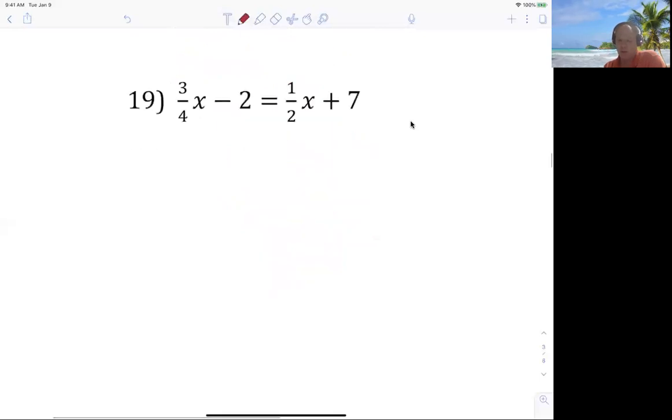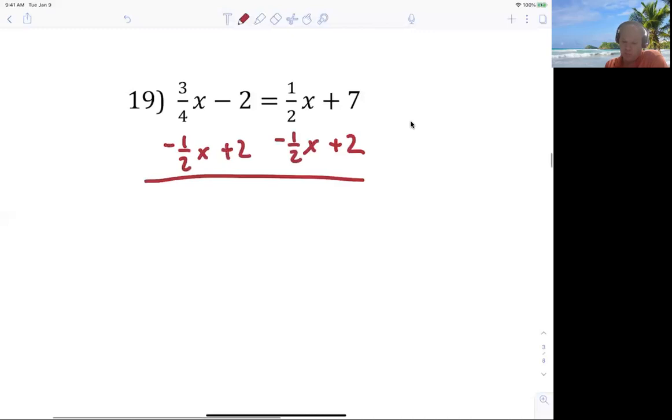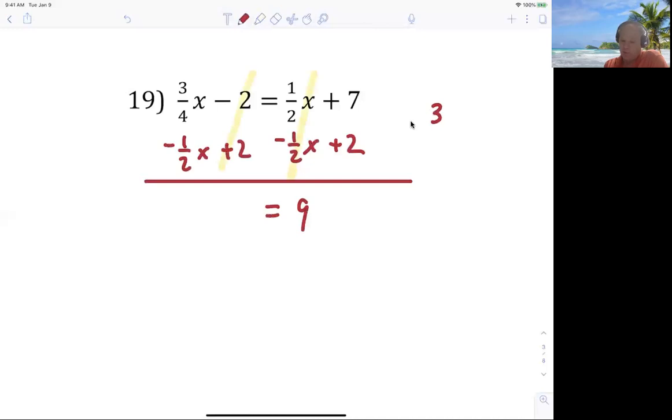All right, now we have some problems because we have fractions, but the same rules apply. I gotta subtract 1/2 x, subtract 1/2 x, add 2, add 2. The reason why I do that is because this cancels. So now 7 plus 2 is 9. Now we just have to do 3/4 minus 1/2.